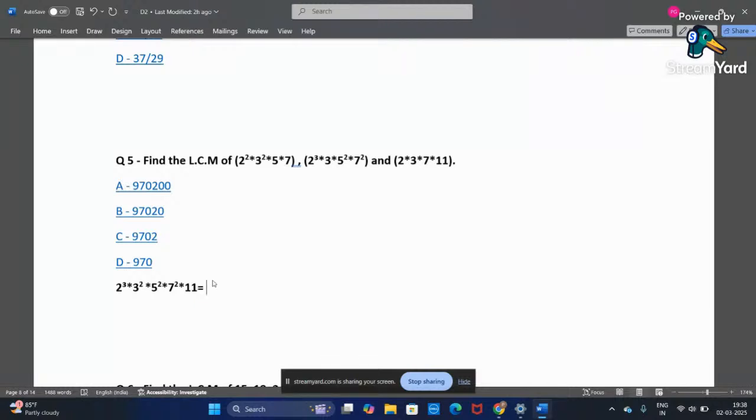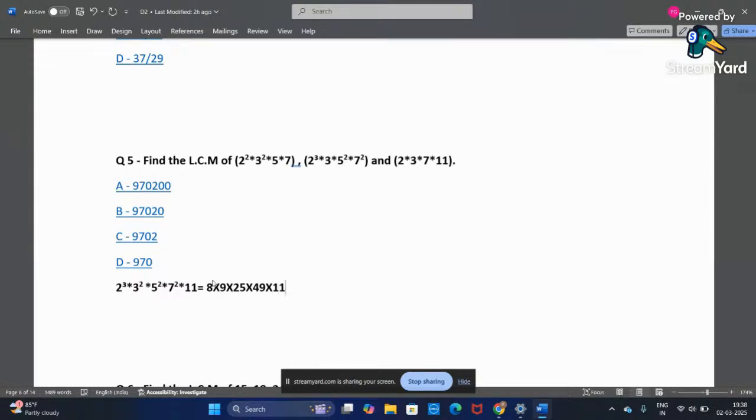2 to the power 3, it is 8, into 3 square, it is 9, into 5 square, it is 25, into 7 square, it is 49, into the remainder 11.